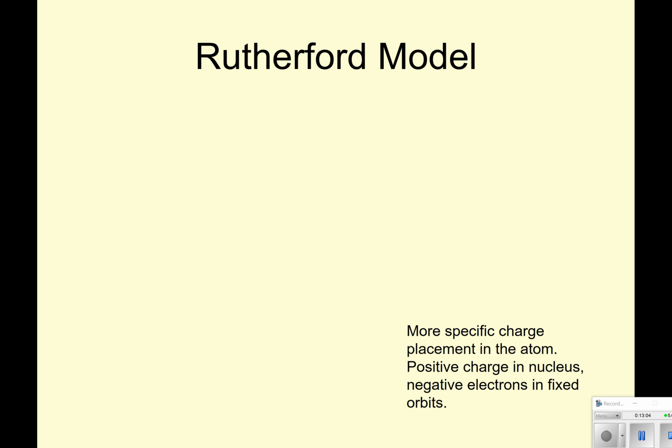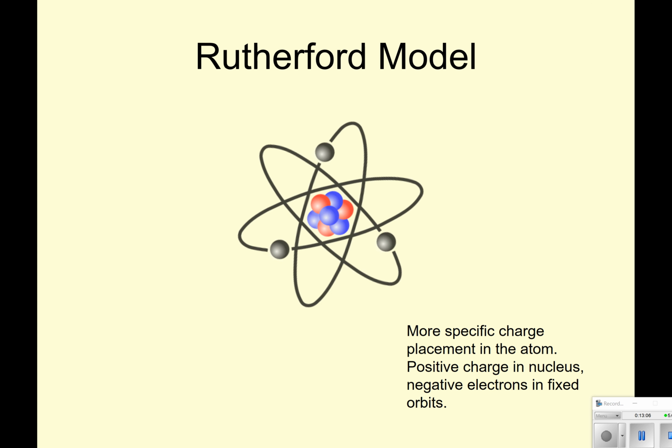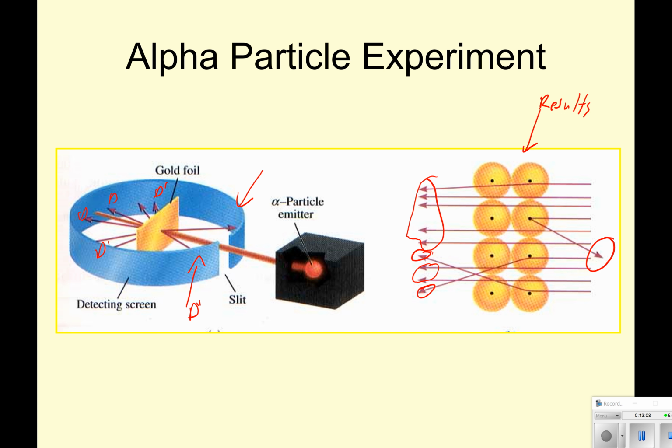And what he got from this is that if most of these alpha particles are moving through the foil here, and they're going through undisrupted and not breaking the foil, then there must be mostly empty space in between those atoms. And because we had some that were deflected here, and alpha particles are positively charged, if we have deflection here, well, a positive and a positive are going to repel each other.